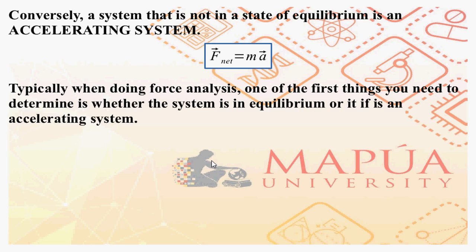After analyzing the forces applied on the system, you either set the net force to 0, equilibrium system, equilibrium state, or you set the net force to mass times acceleration, you have an accelerating system.